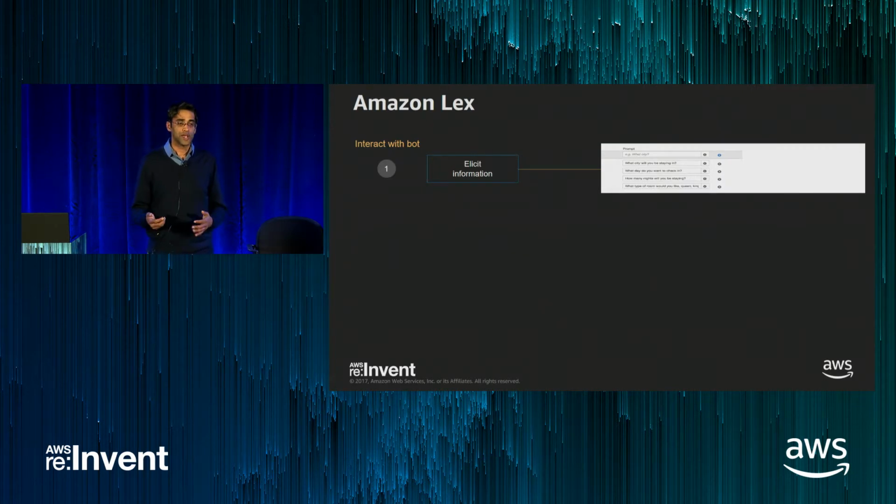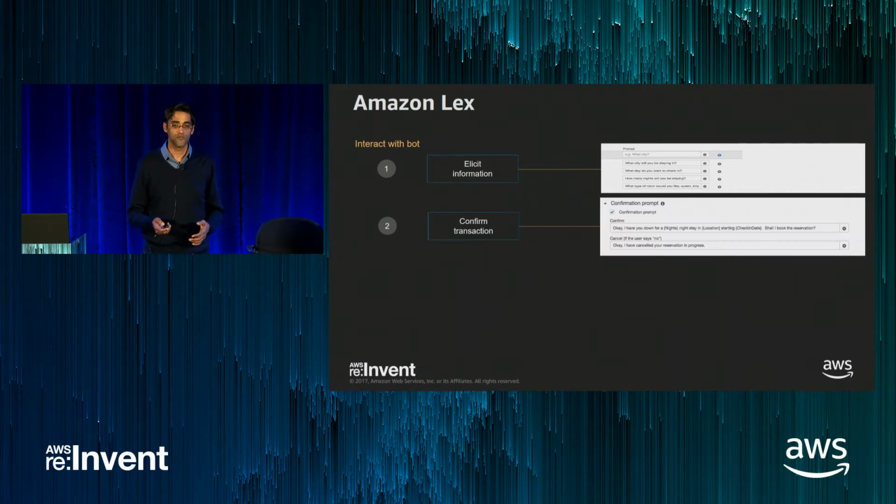Next, you define the interaction with the bot. So you define the prompts to elicit information. And here, these are a set of questions. What city will you be staying in? Or how many nights will you be staying? And so on. You define prompts to confirm the transaction. So I have you for so many nights at this city, checking in on a certain date.